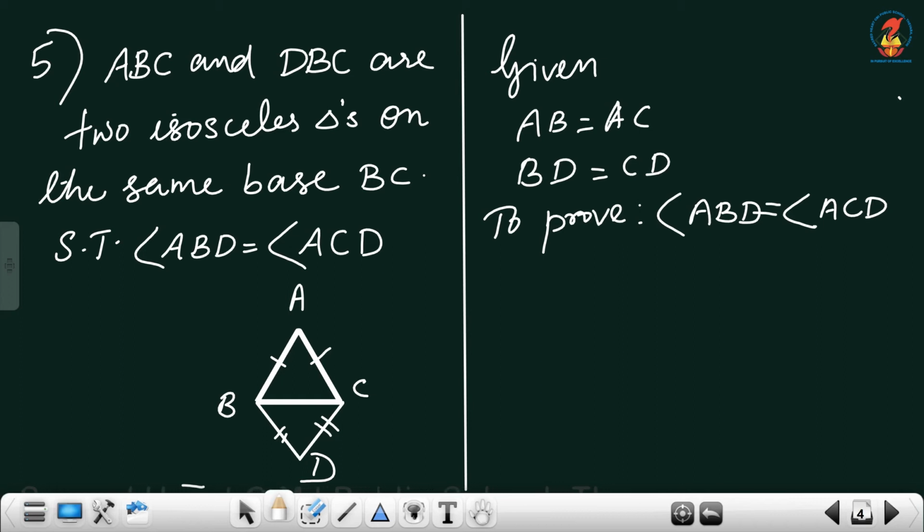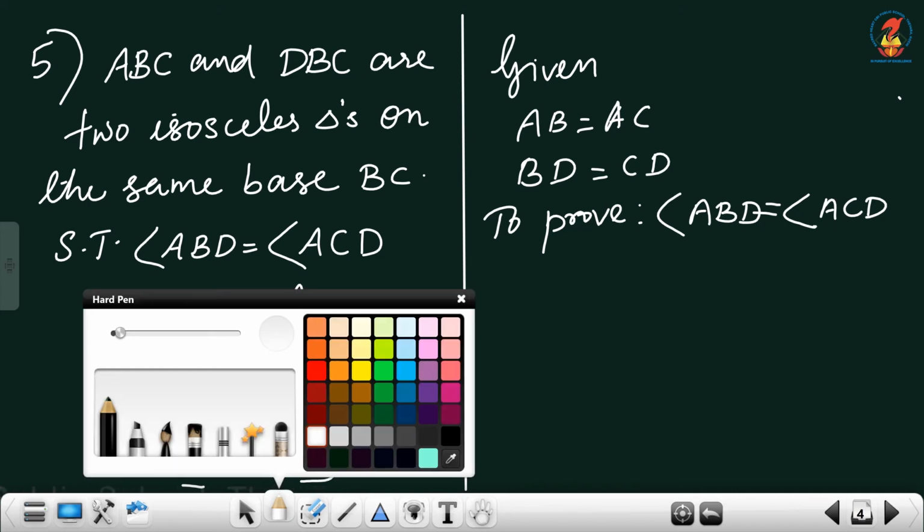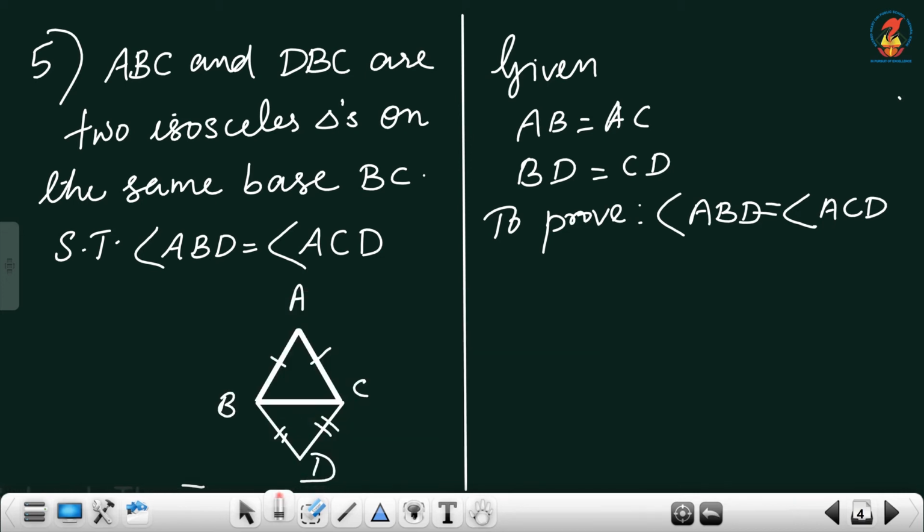Fifth question. ABC and DBC are two isosceles triangles on the same base BC. So, what do you have to prove? We have to prove that angle ABD is equal to angle ACD.